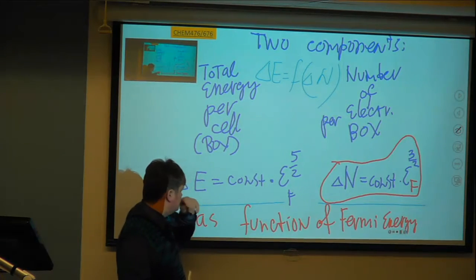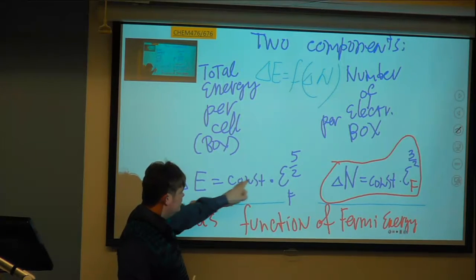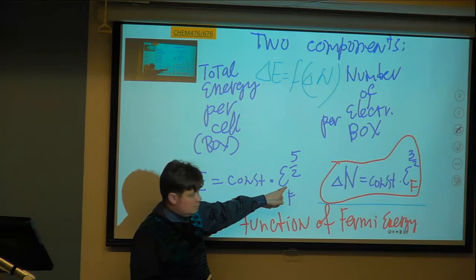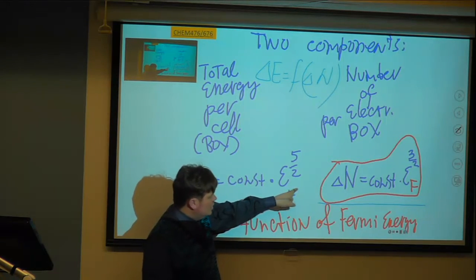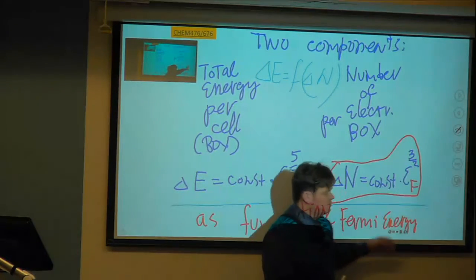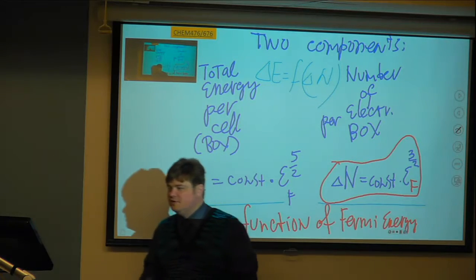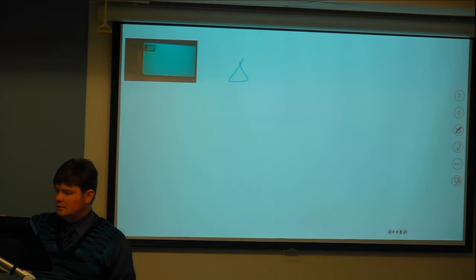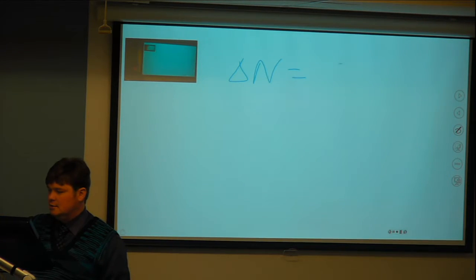So, right now energy is a function of Fermi energy, right? Can we take this red stuff and invert it? So if delta n is Fermi energy to the power 3/2, which means square root to the power 3.